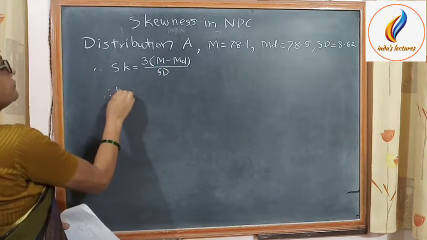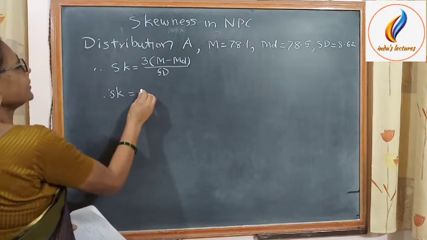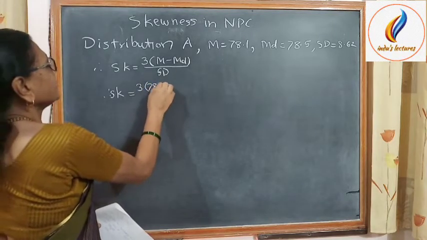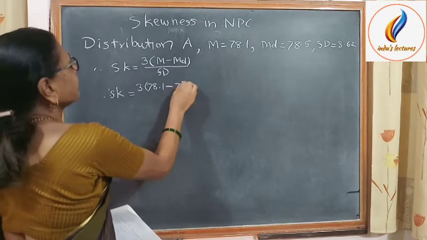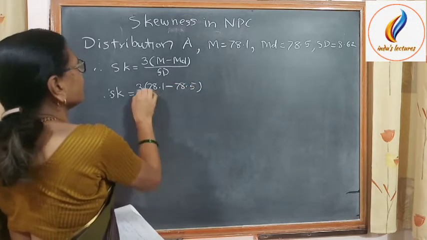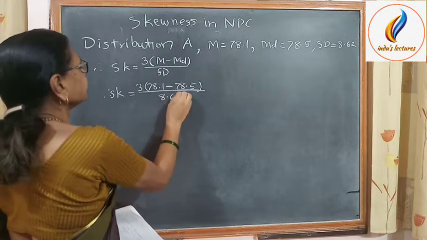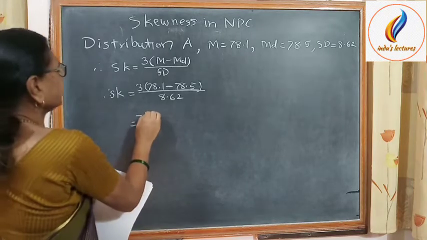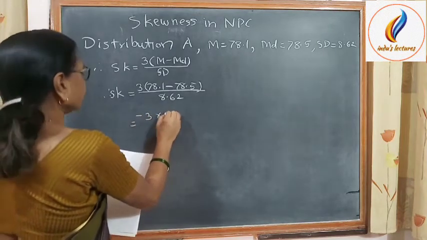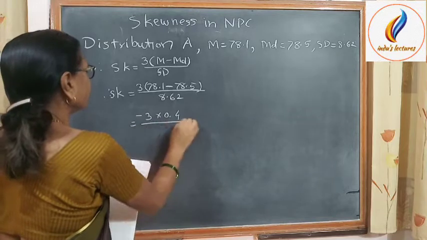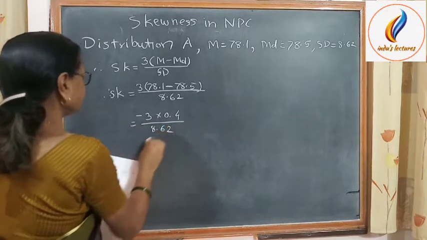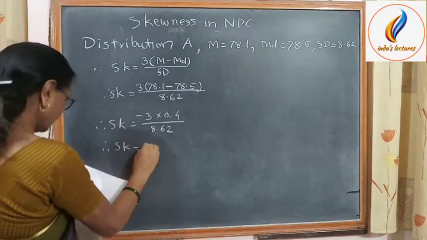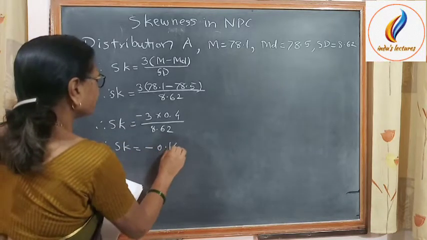Putting the values in formula, we find Sk is equal to 3 into (78.1 minus 78.5) upon 8.62, and we will get minus 3 multiplied by 0.4 divided by 8.62, that means Sk is equal to minus 0.14.